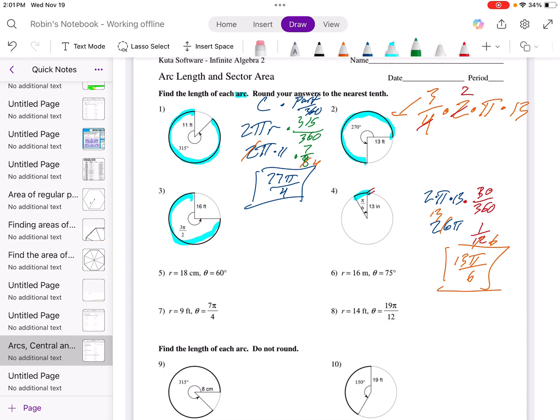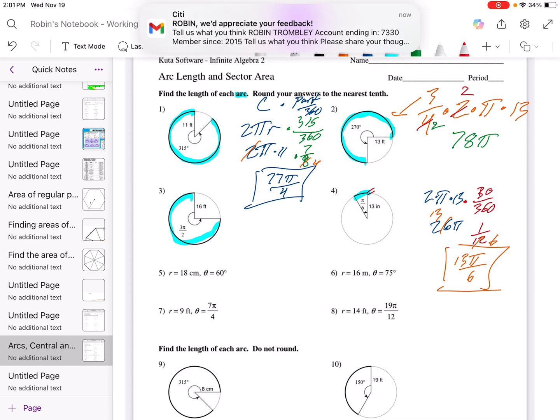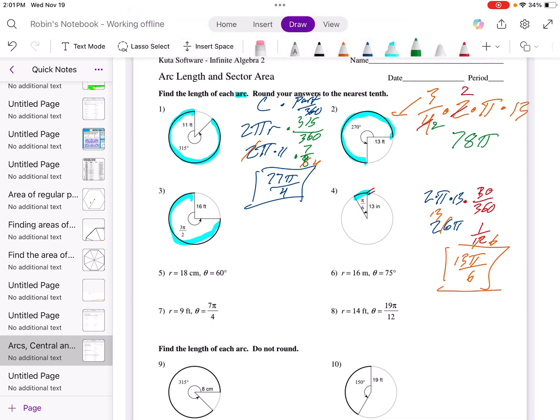I'm going to have 78 pi times 2. Oh, I did that wrong. My apologies. The 2's cancel out. 3 times 13. 39 pi over 2. So that's what I'm doing for arc.